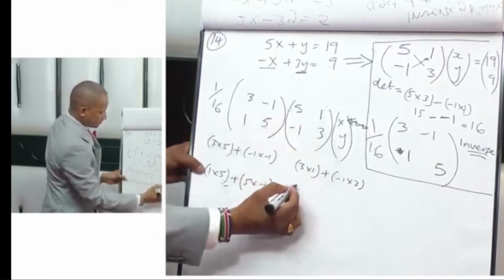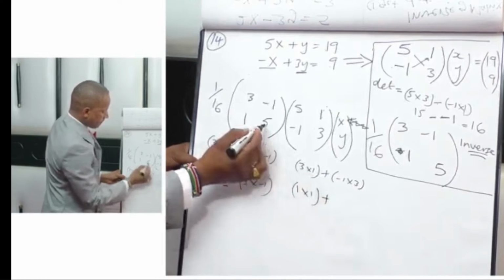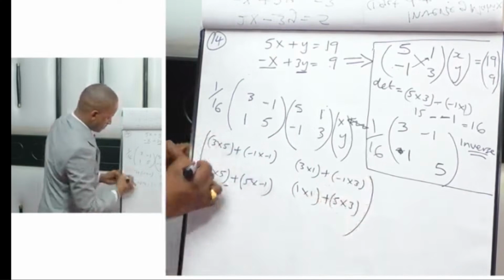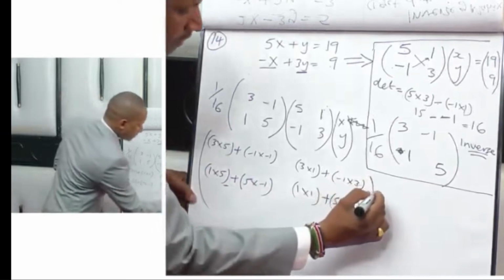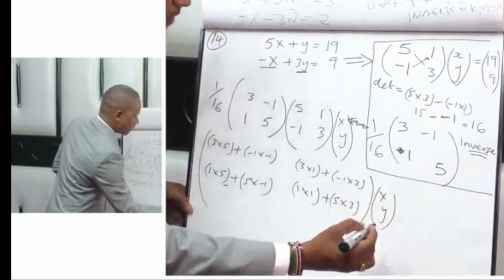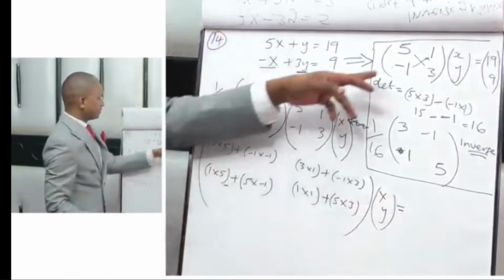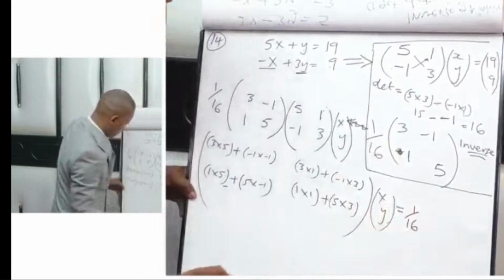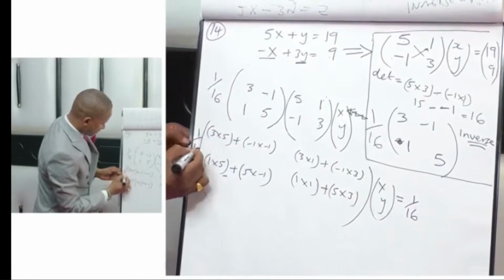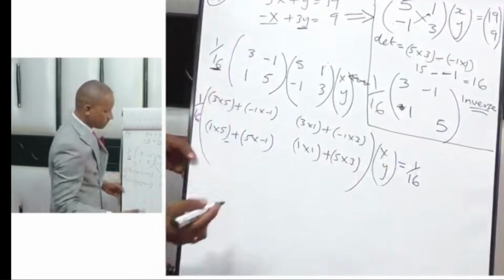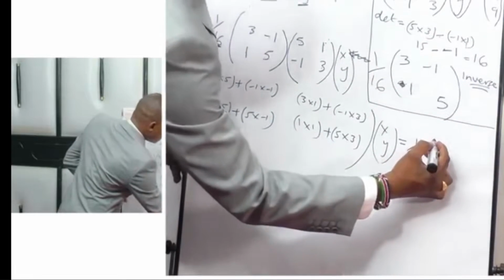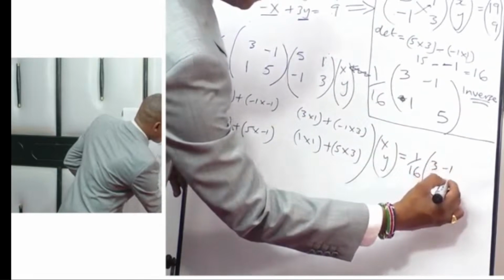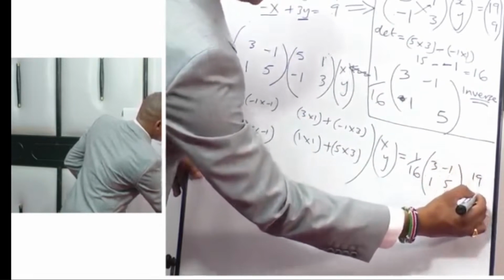Then 1 times 1 plus 5 times 3. Times x, y equals this value. Remember there's 1 over 16 here, class. This is 1 over the determinant, into 3, 1, minus 1, 5, times 19, 9.